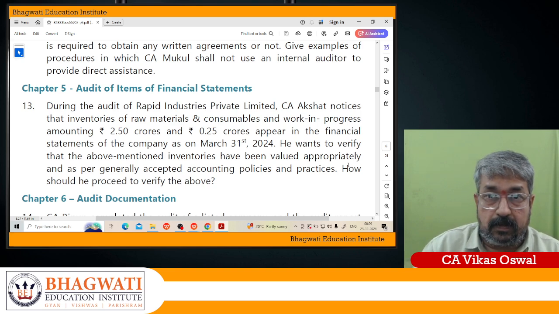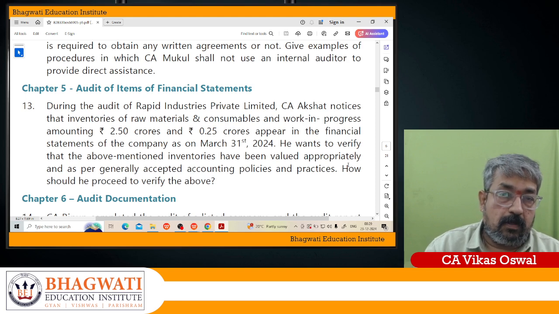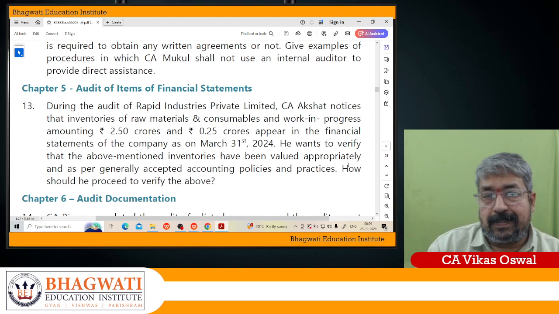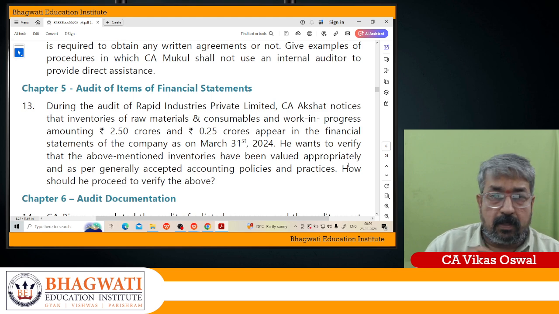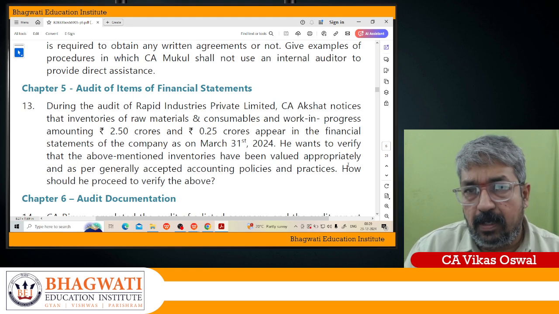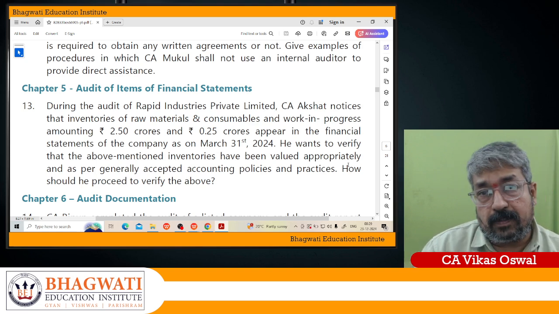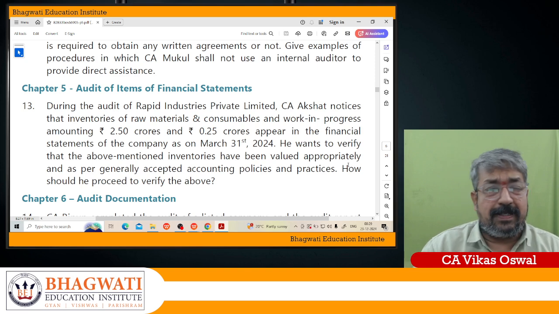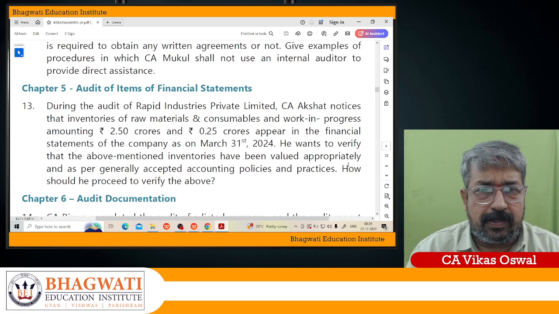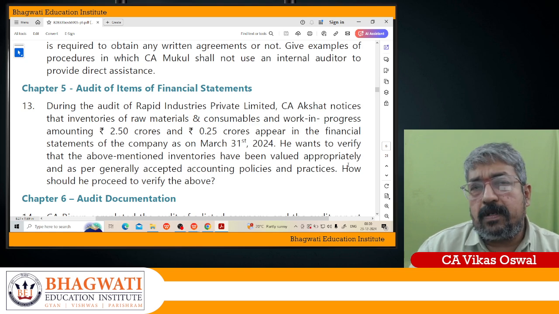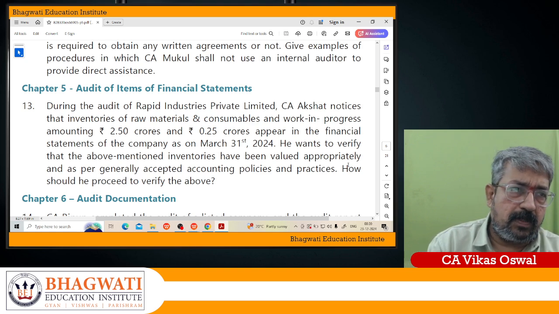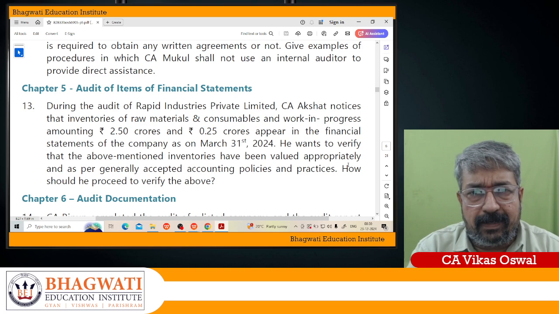The purchase cost, the carriage inward cost, and the taxes and duties which are non-refundable have to be included. And suppose they are using a standard cost method as the basis for valuation, then you have to arrive at what is the basis of the standard.